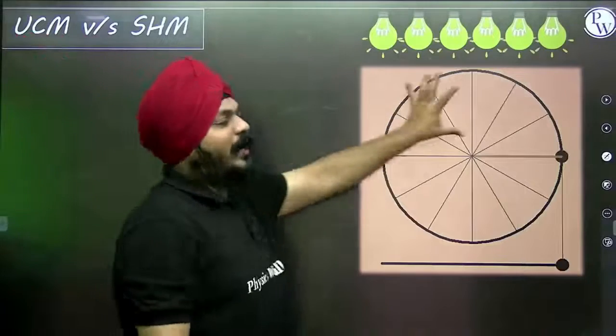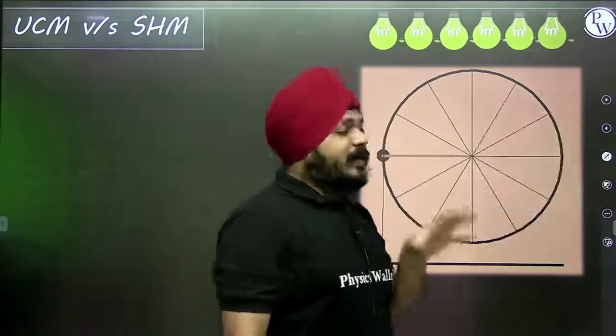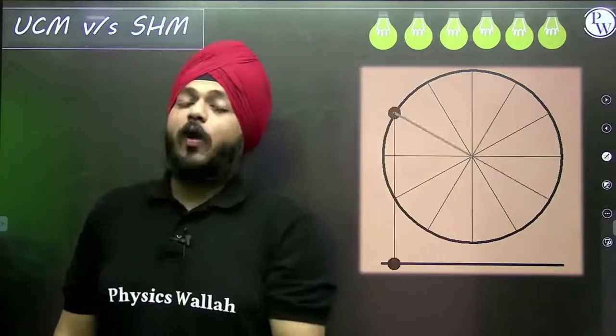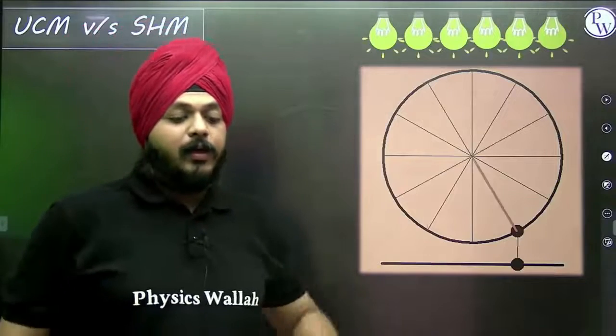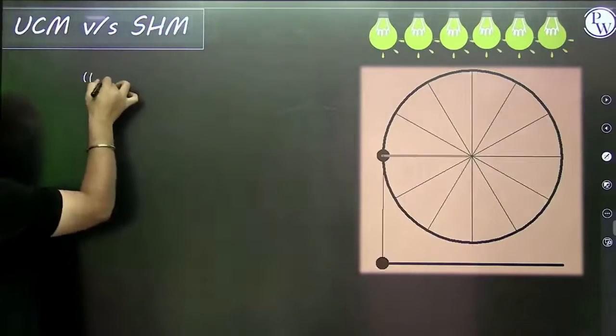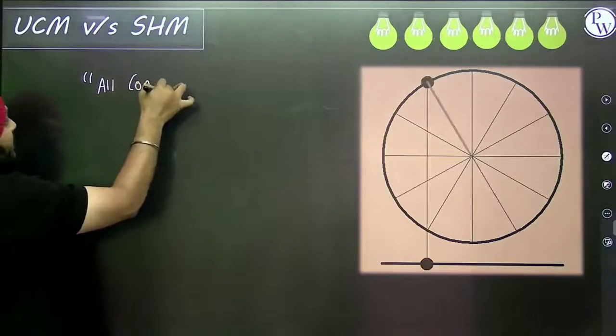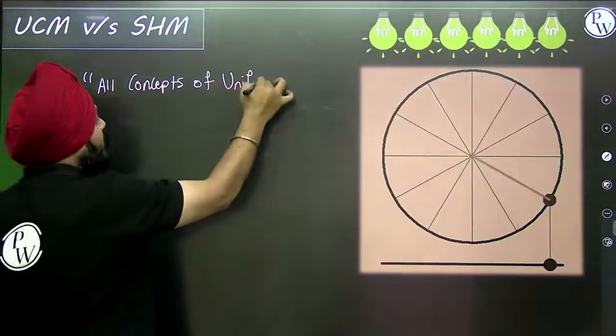The best visualization that we can compare, right? Yes, all the concepts of uniform circular motion are applied to the SHM. Again, I'm writing that statement: all concepts of uniform circular motion.